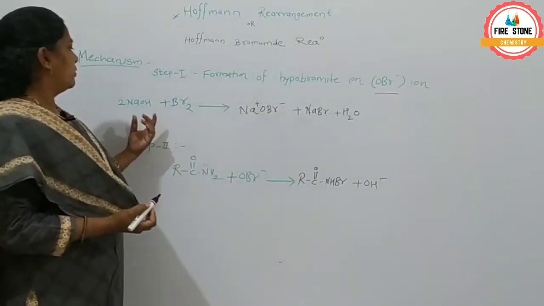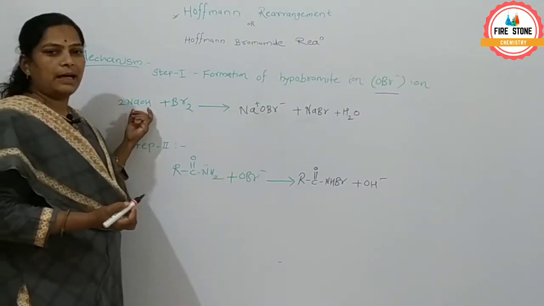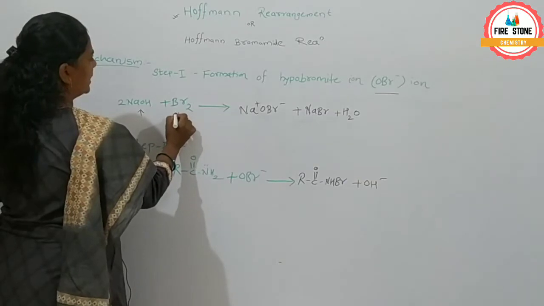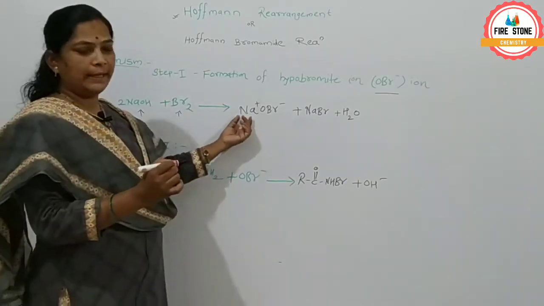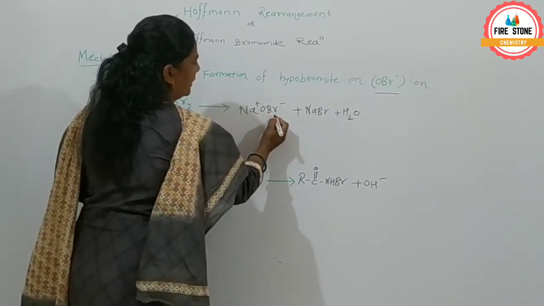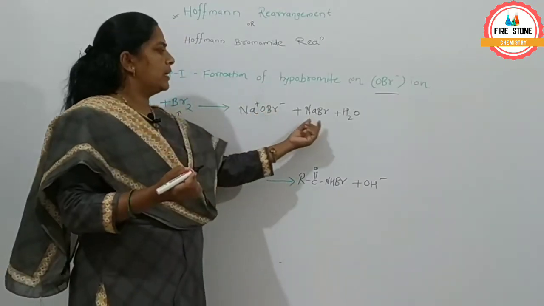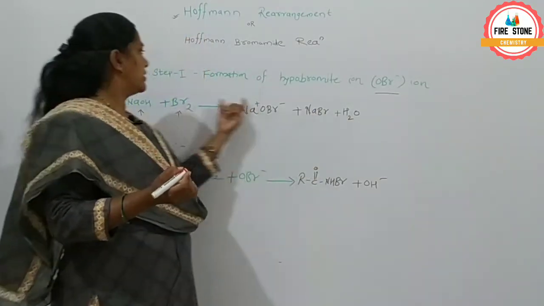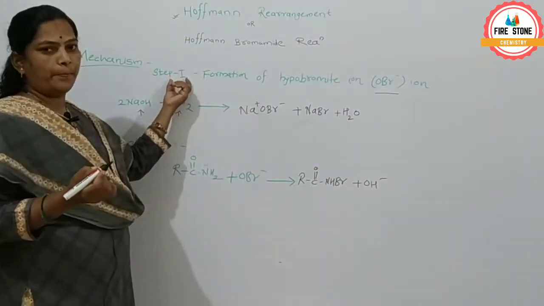Firstly this alkali, twice NaOH plus Br2, gives Na plus OBr minus plus NaBr plus water molecule. So this is the first step of the mechanism.